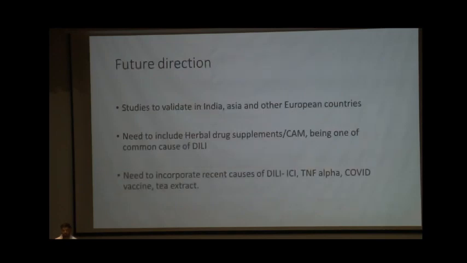So future directions are studies to validate in India, Asia and other European countries are needed. Need to include herbal drug supplements or CAM, which are the most common cause of DILI in India. Need to incorporate recent causes of DILI like immune checkpoint inhibitors, TNF alpha inhibitors, COVID vaccine, and tea extracts, which are responsible for causing DILI.